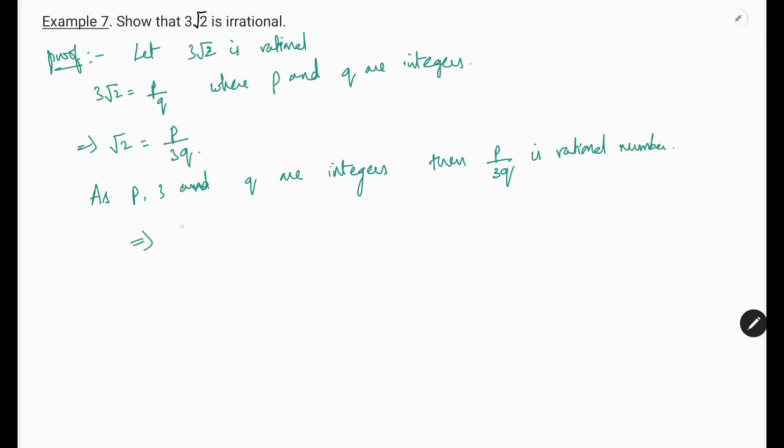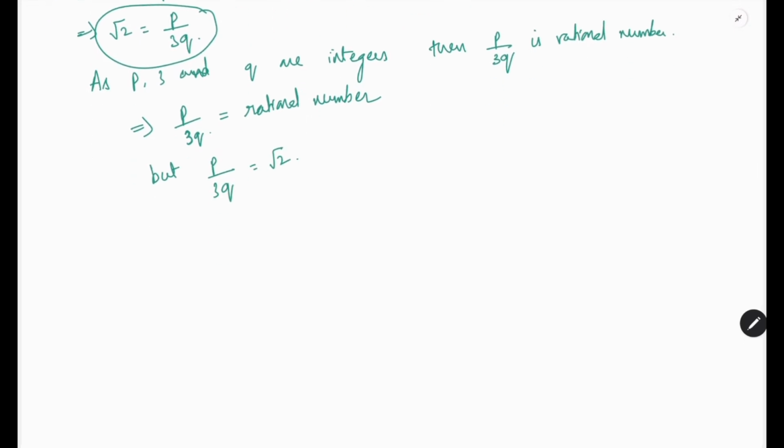When you divide P by 3Q, you get a rational number as the answer. But from this equation, P by 3Q is equal to root 2. So from these two equations, we can say that root 2 is a rational number.